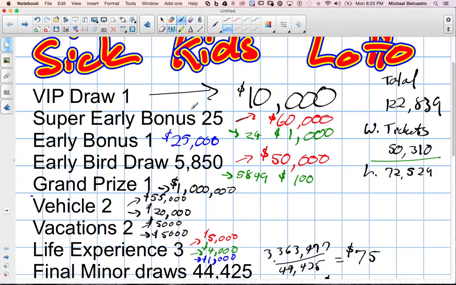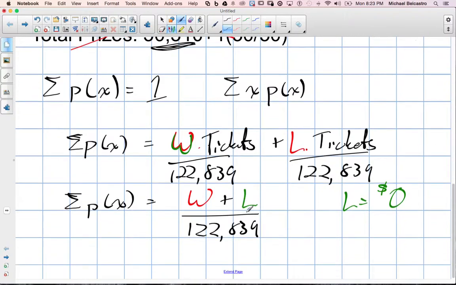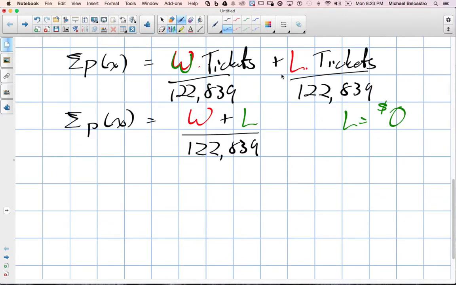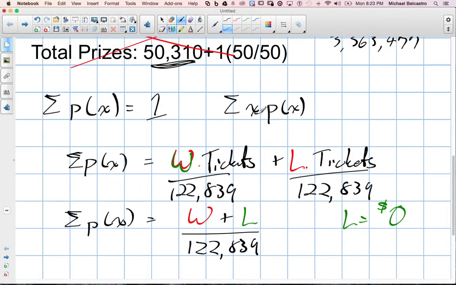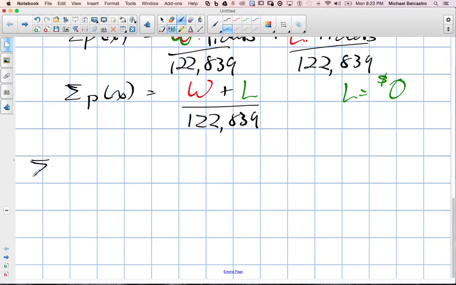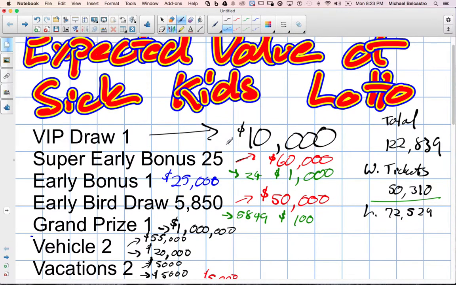You have a 1 in whatever chance, and whatever we calculate from here, this is where we multiply the expected outcome, that's the X value, times the probability of that outcome happening. So the sum of the value of the prize times the probability of the prize is equal to, well, I'll put the amounts in a different color, and the number of tickets in black.